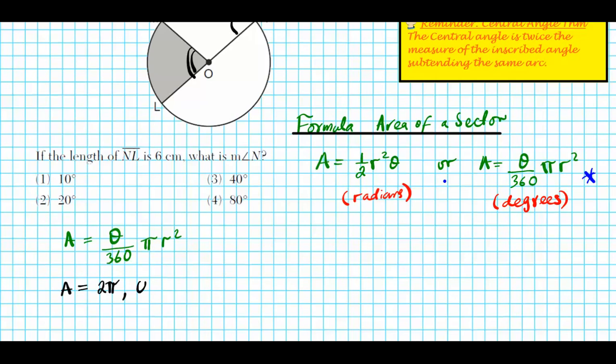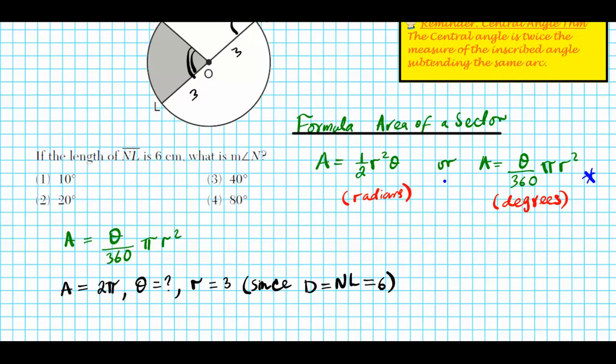Theta is the angle MOL, which we do not know. What is the radius? Since NL, the diameter, is 6, the radius is 6 over 2, which is 3. Remember, the radius is half the diameter.